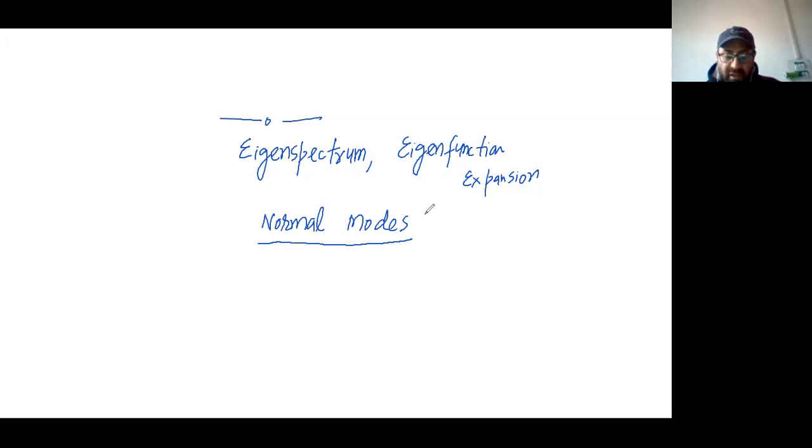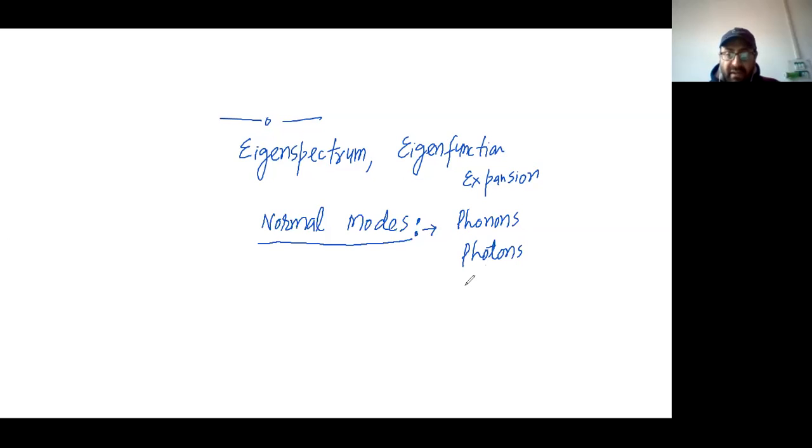From a quantum many-body physics point of view, I gave some examples: phonons and photons are normal modes. These are particles which we are aware of, but we typically do not associate them with normal modes.